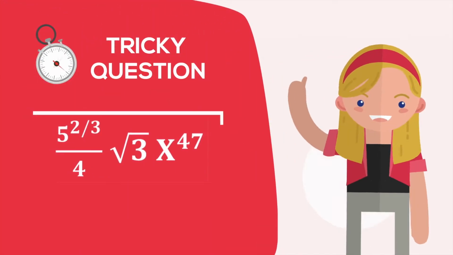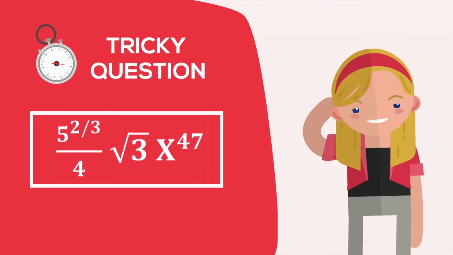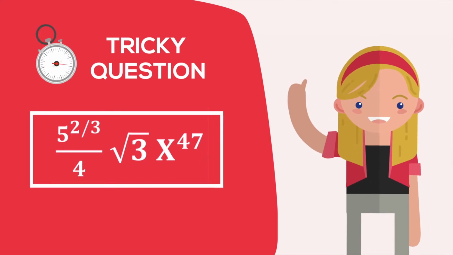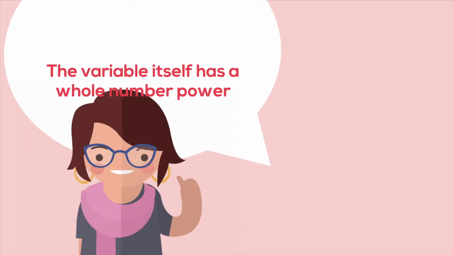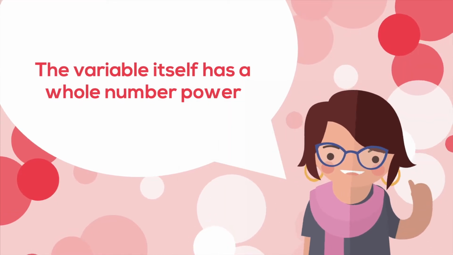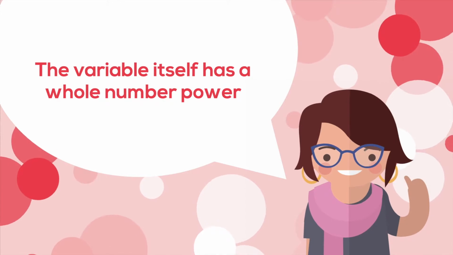It is very tricky. The reason that it is a polynomial is the variable itself has a whole number power.